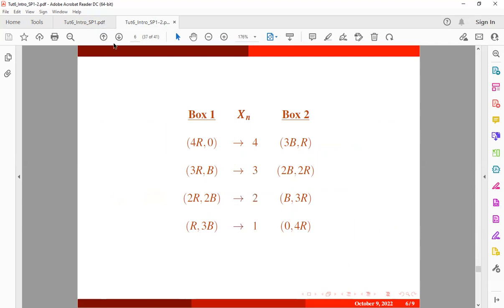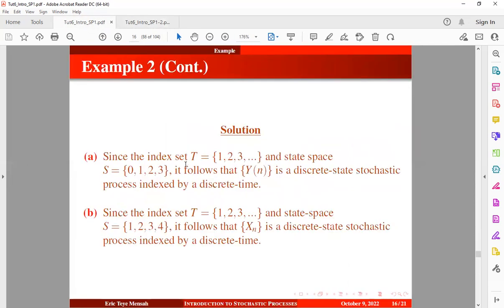So the index set is countably infinite, and our state space is finite: 1, 2, 3, 4. Therefore, X index n is a discrete state stochastic process indexed by a discrete time.